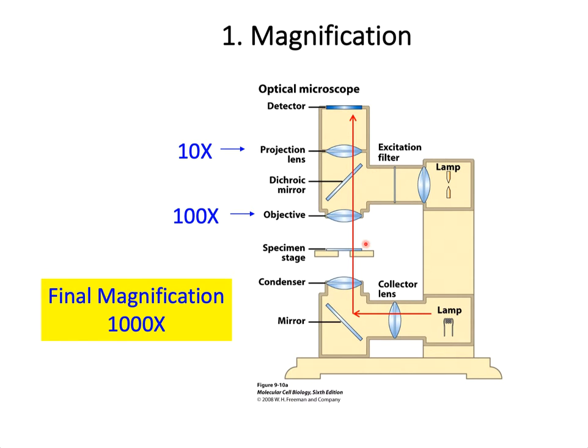The light passes through the objective lens and then through the projection lens, which often gives additional magnification. In this example, it is 10x, which is common to most light microscopes. So the final magnification for this light microscope is 1000x. From the projection lens, the light passes to a detector. Today the detector can be a computer screen, but most often the detector is just your eye.